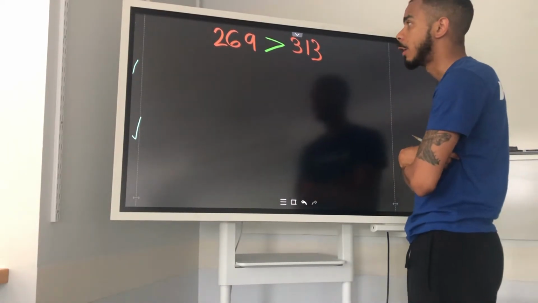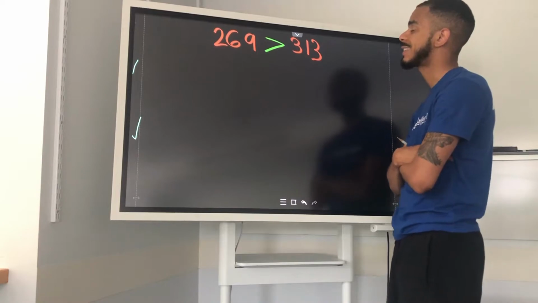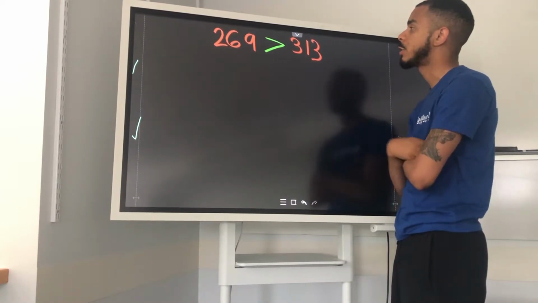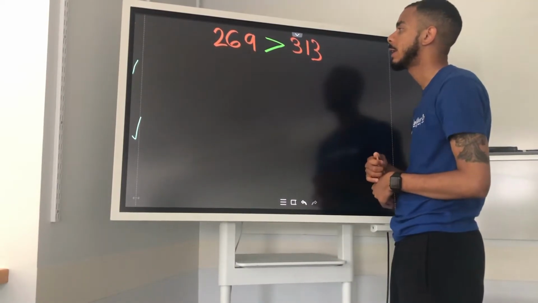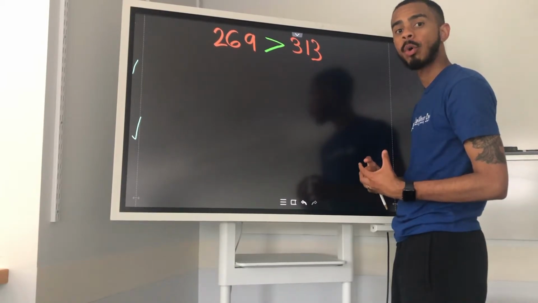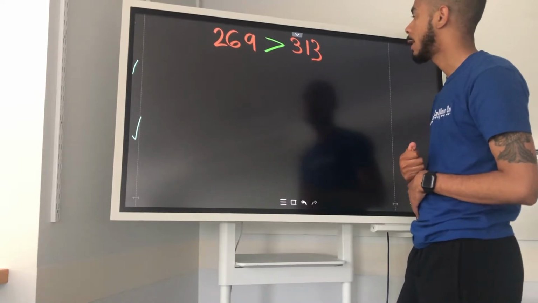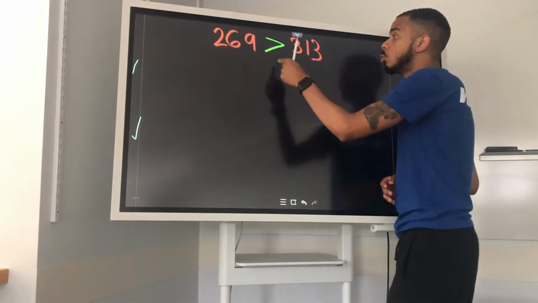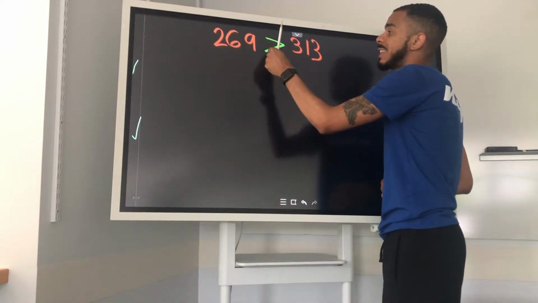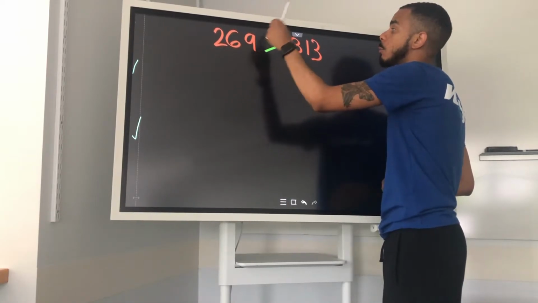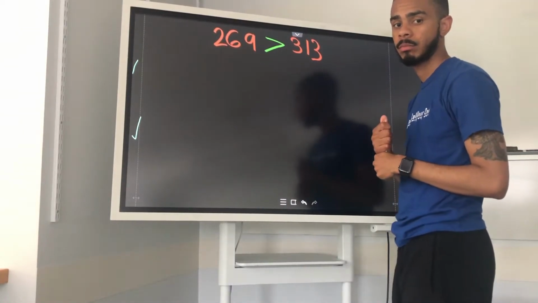So looking at this number sentence, this is telling me that 269 has more value or is greater than 313. I know that Miss Yoon wrote this sign to say that 269 is more than 313.